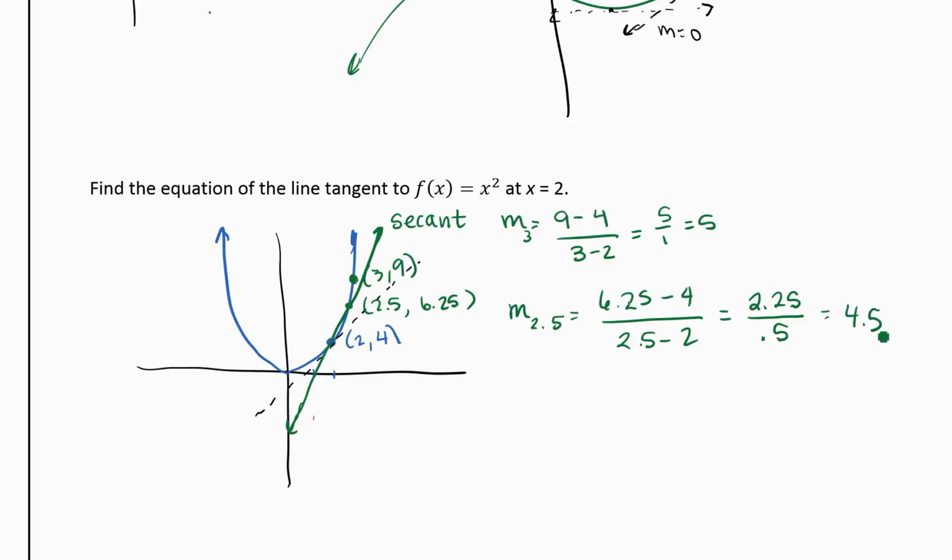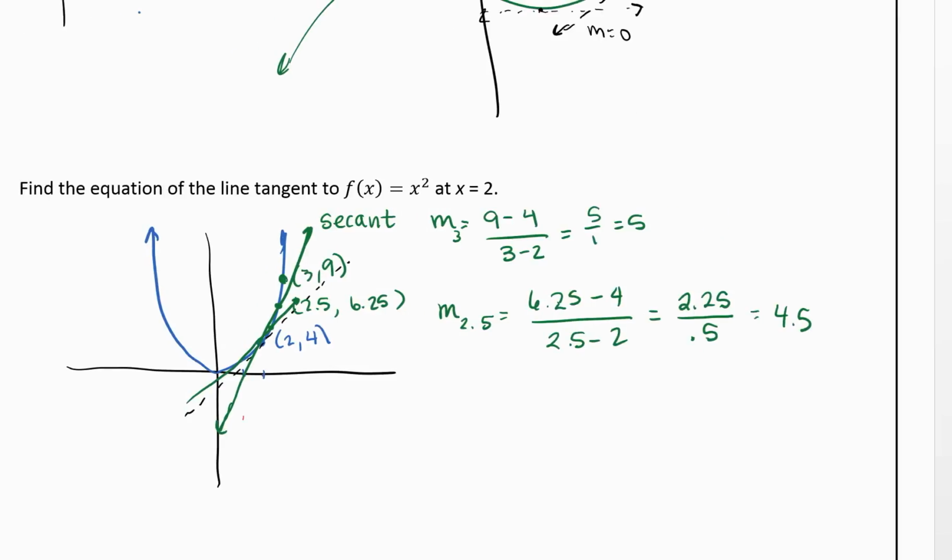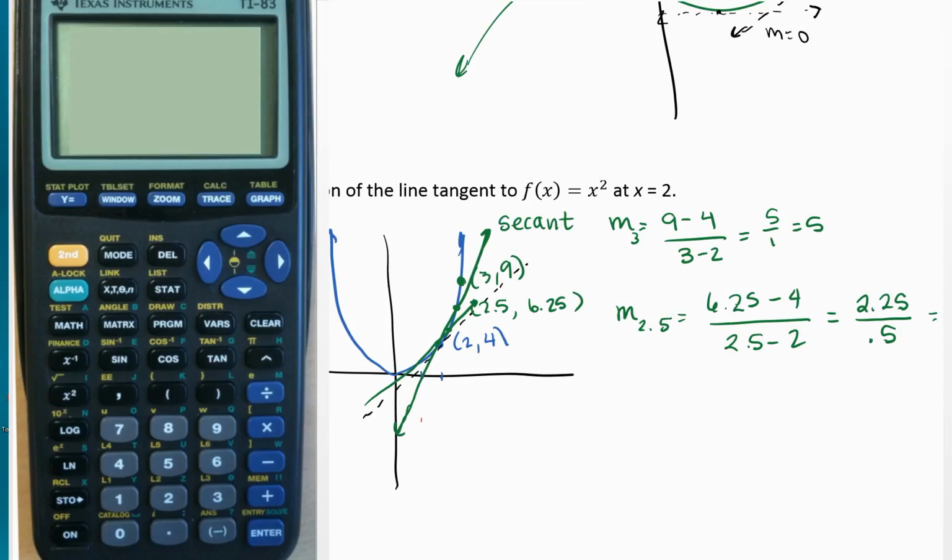Now, what if we keep doing this? What if we did something closer and we chose something like 2.1? Well, that would give us a secant line that's even closer to our tangent. And then we could take something smaller and smaller. And we can actually use our calculator here to help. So let's see if we can come up with a function that represents this slope.